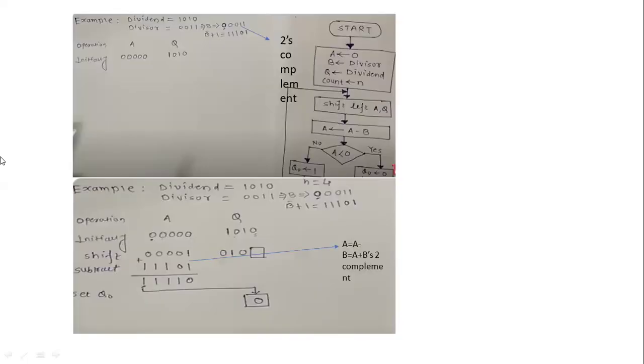Let's consider a sum. We are going to consider an example for restoring division. The dividend given is 1011 and the divisor given is 0011. Here the divisor is the B value.